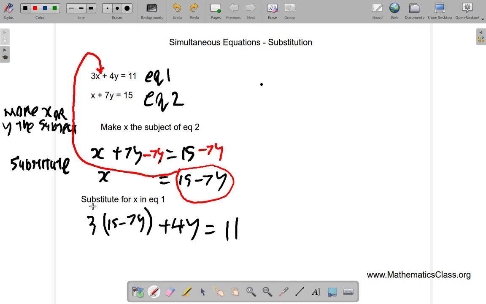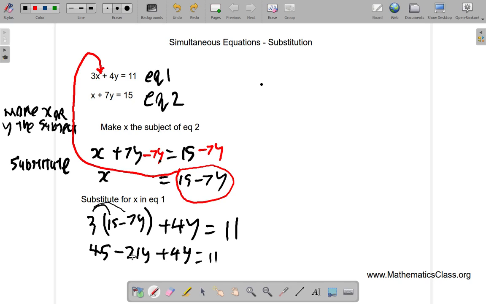Now, you multiply out the bracket. 3 times 15 gives you 45 minus 3 times 7y. 3 sevens is 21, so it's 21y. Plus 4y equals 11.